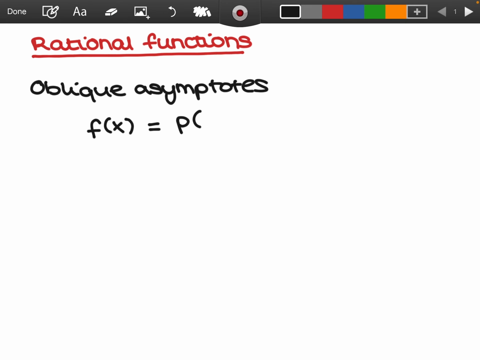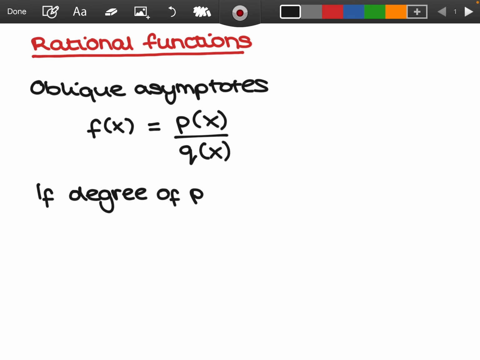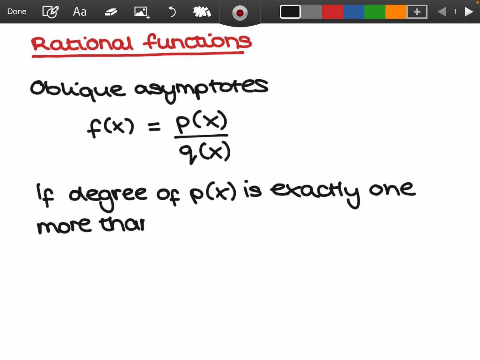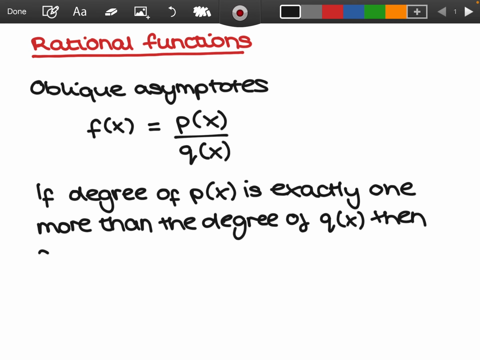So if I have a rational function where I've got a polynomial over a polynomial, if the degree of p of x is exactly 1 more than the degree of q of x, then f of x has an oblique asymptote.